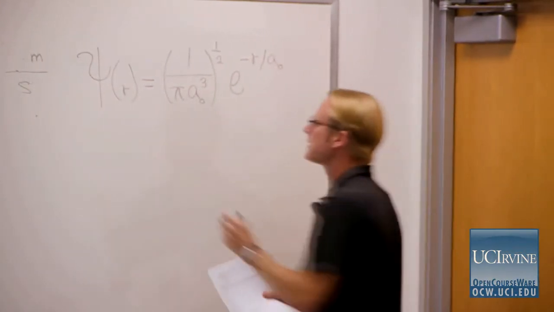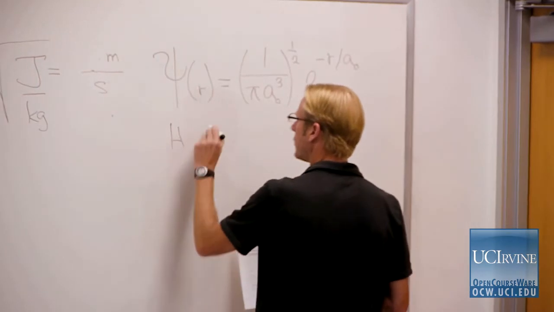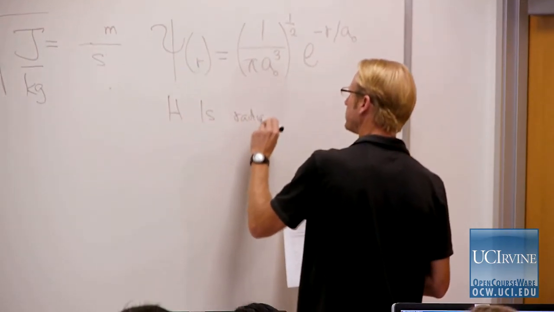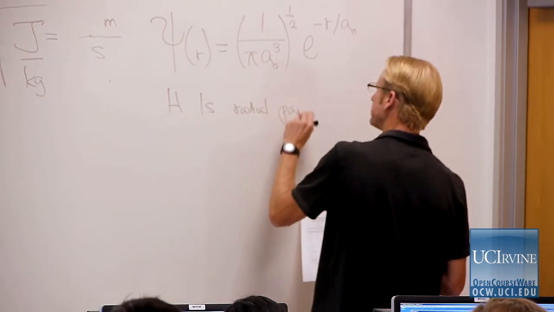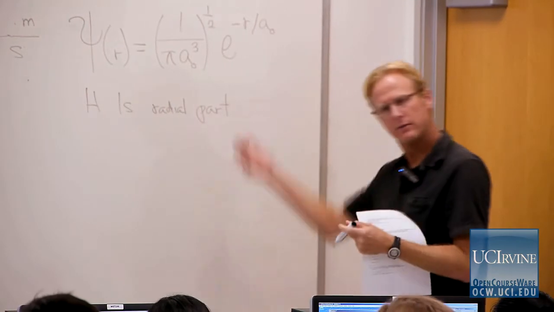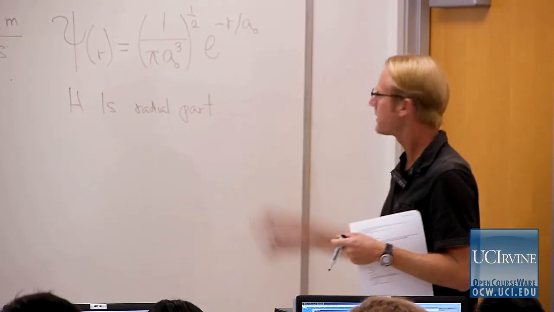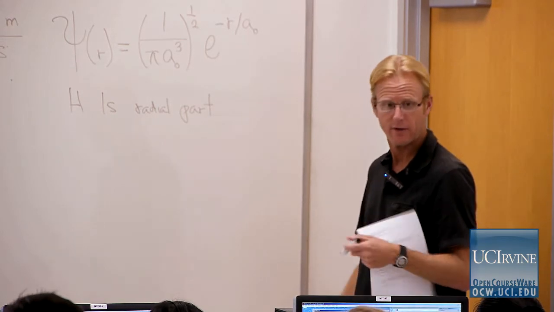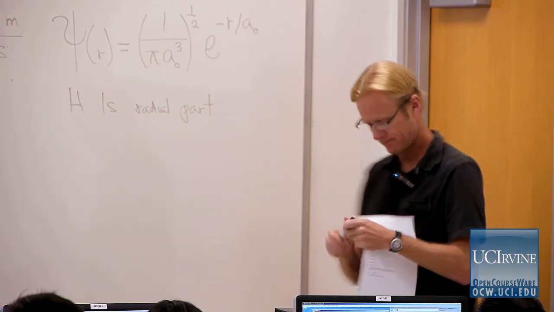Okay? So this is the hydrogen 1s radial part. All right? So we're going to use the palette to make something that looks a lot like this. We'll define the function, and then we'll plot it.